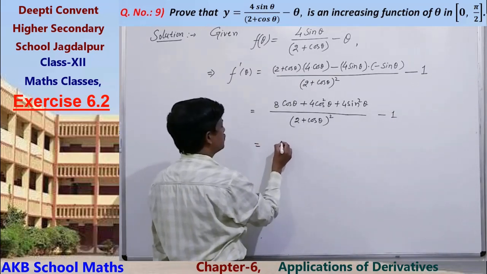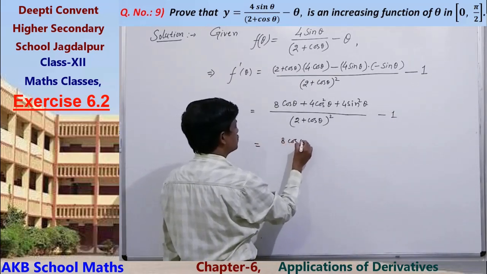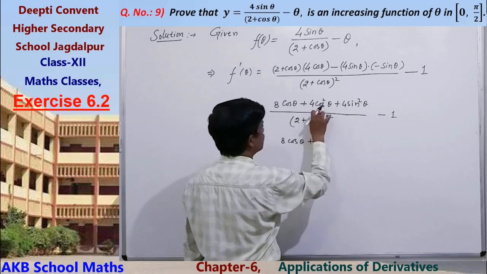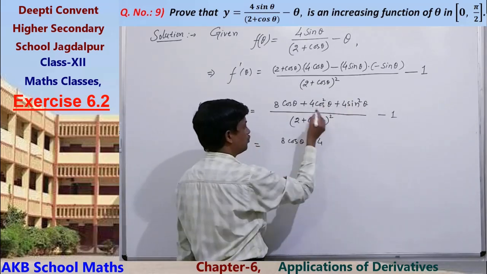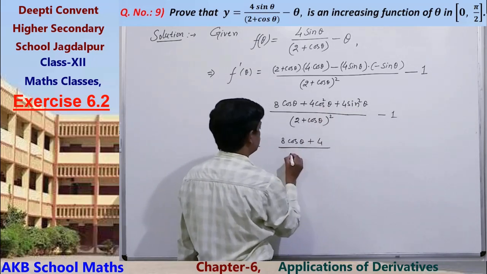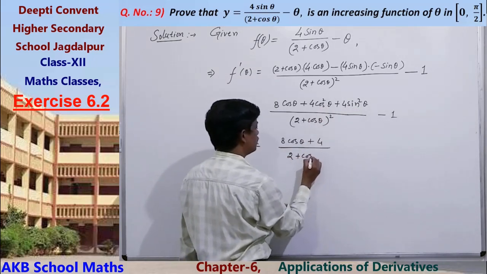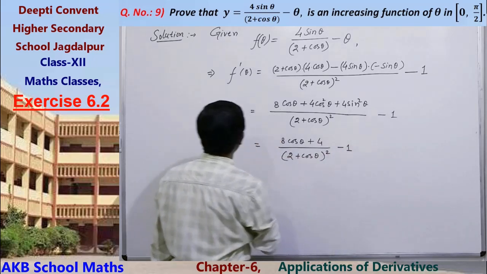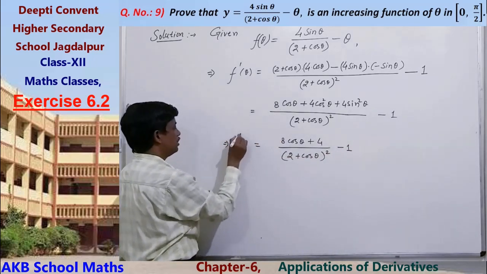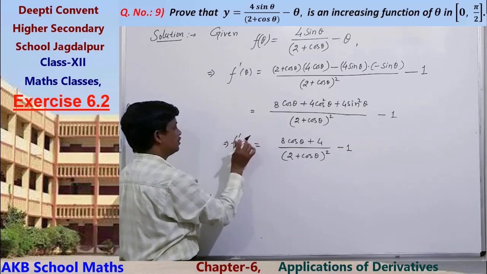Okay, this is equal to 8 cos theta plus 4 times sin square plus cos square, 4 common. Cos square plus sin square equals 1. So 4 upon 2 plus cos theta whole square minus 1. This is the value of f dash theta.